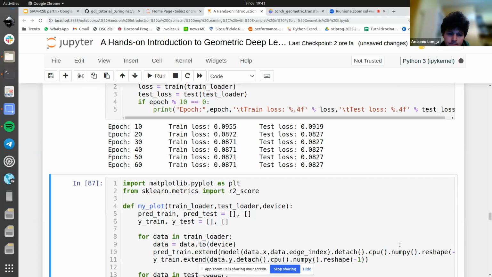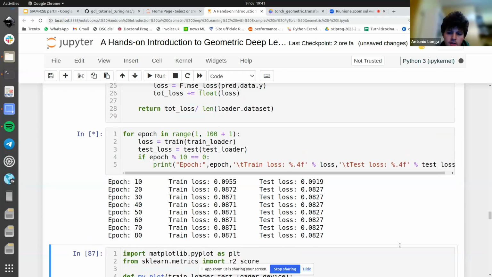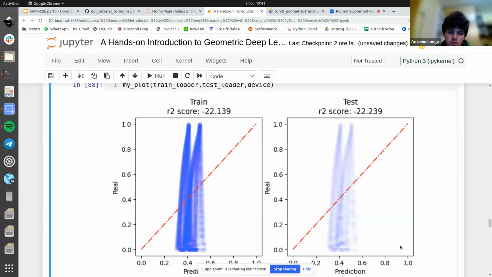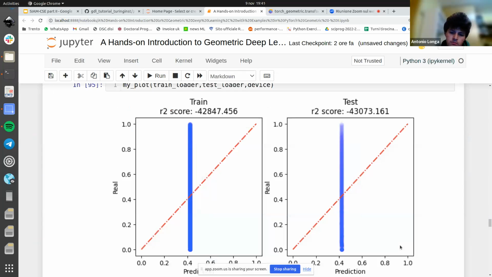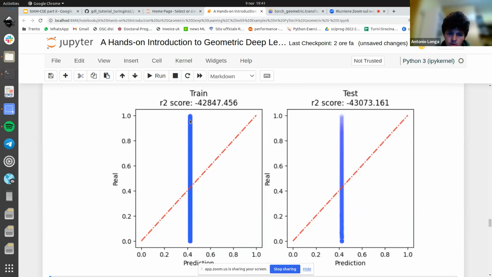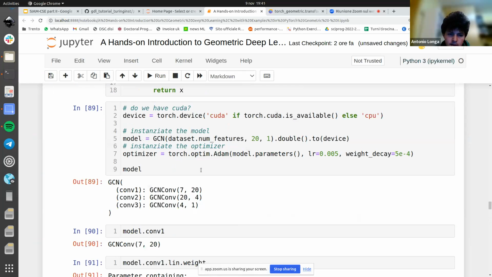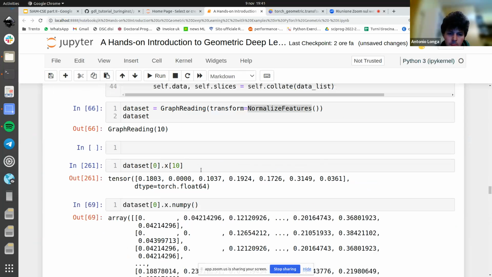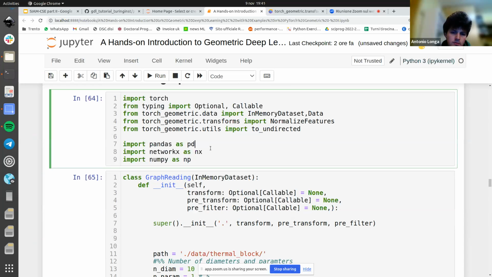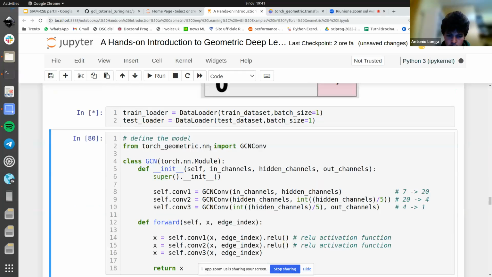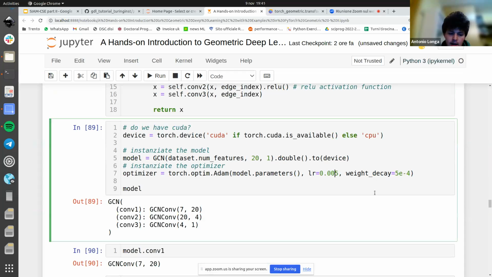Okay, we're stuck. Or even worse, you can see that the model is not able to predict. So how can we solve this problem? Well, let me put the learning rate back how it was.